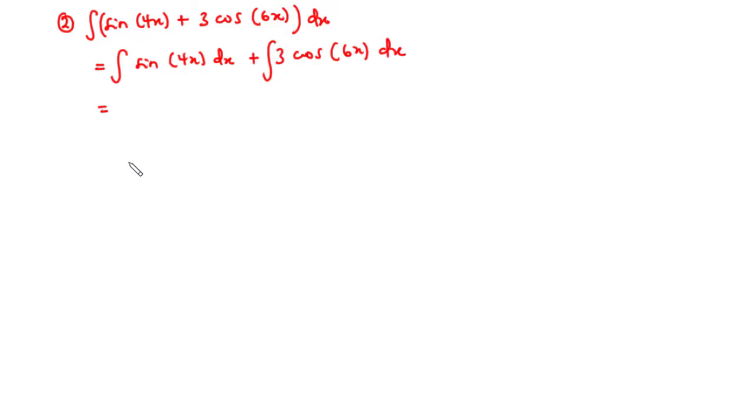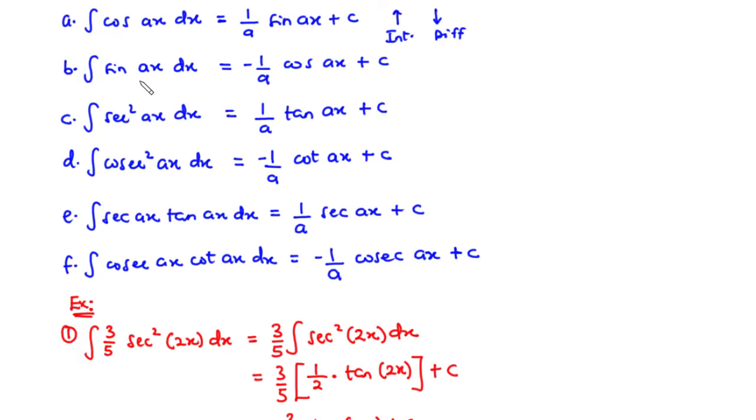So let's simplify further. Now when you integrate sine ax, you have negative 1 over a cos ax plus c.